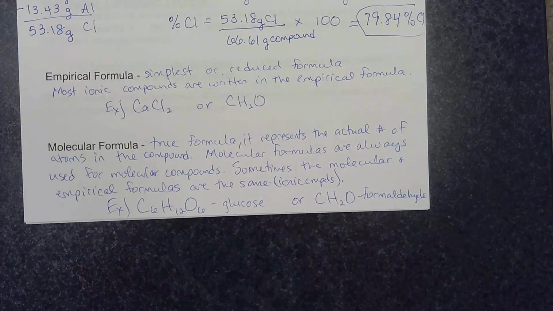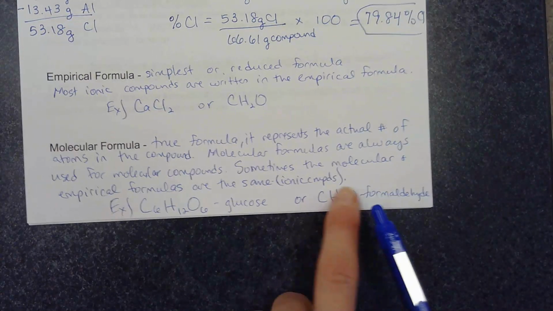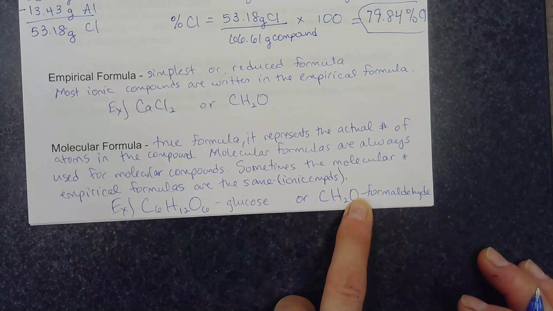But that is the empirical formula for glucose. Does that make sense? I know it doesn't make sense really, because you're like, how? How can that be? Well, you've got to remember the molecular formula is the expanded or the true formula. The empirical formula is the reduced. So this is the reduced of that. CH2O is the reduced of glucose, but CH2O is also its own compound.